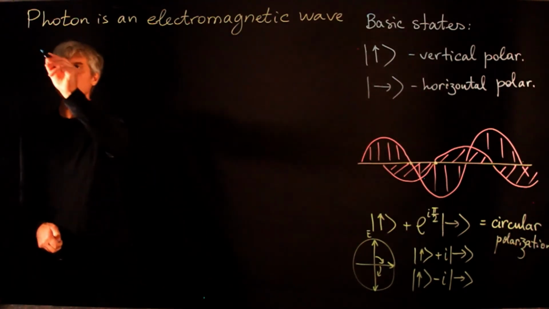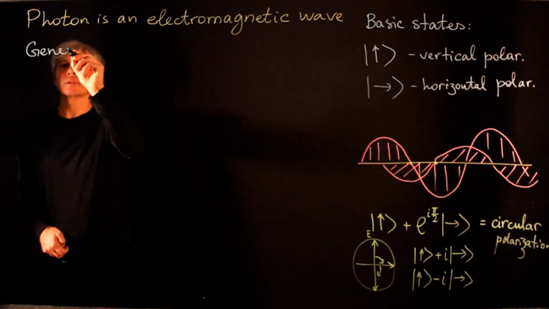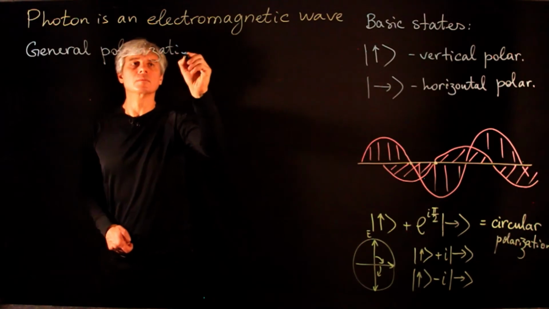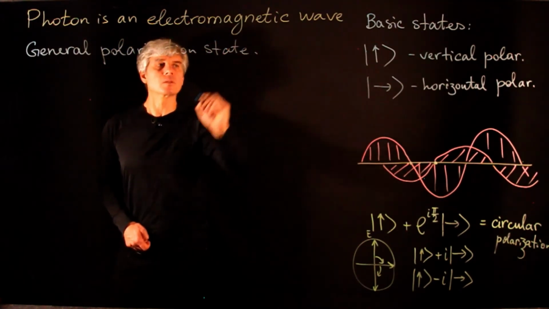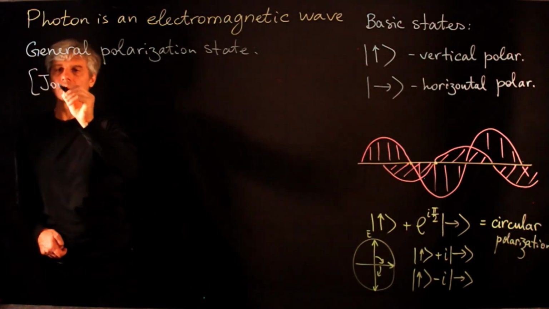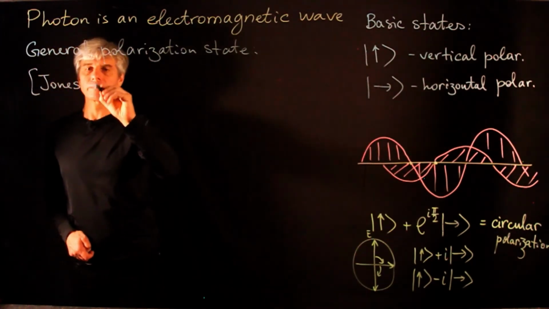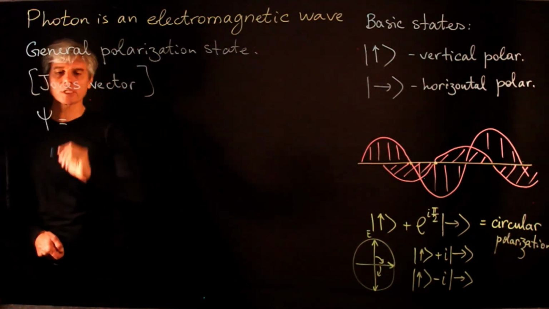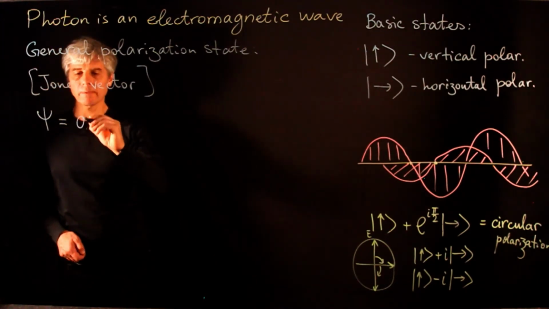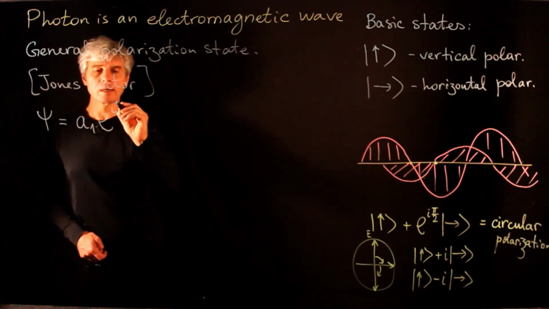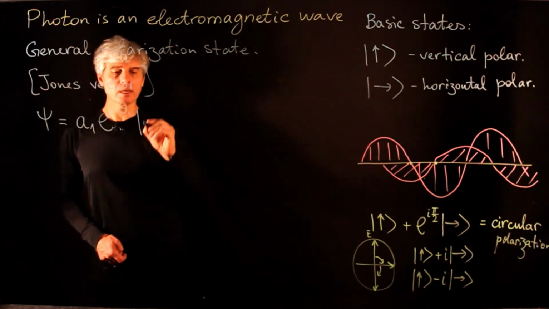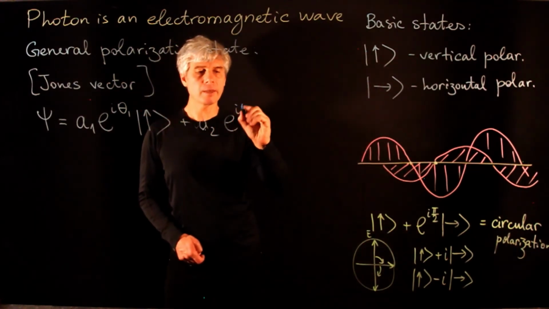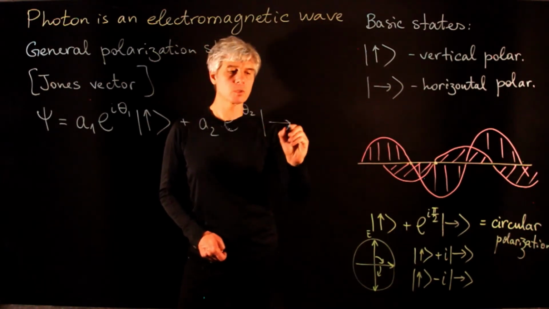Now, let us describe the general polarization state of a photon. This is sometimes called the Jones vector. This general polarization state can be written as A1 e to the i theta 1 times vertical plus A2 e to the i theta 2 times horizontal.